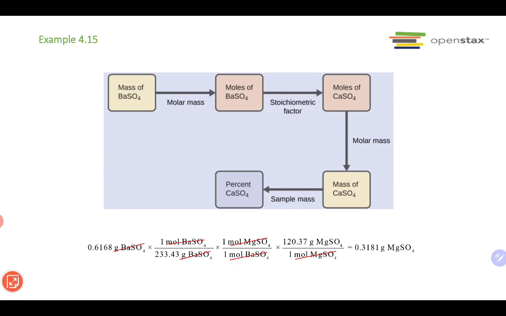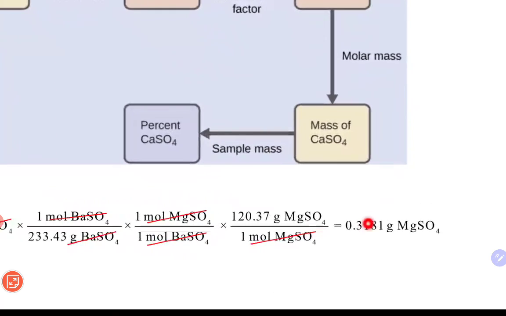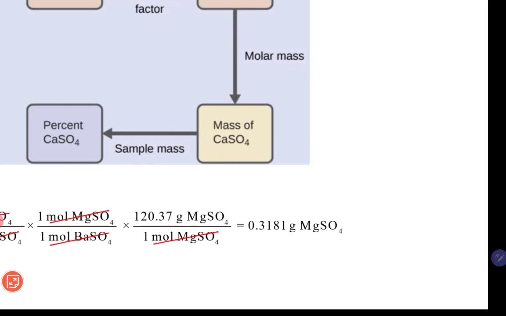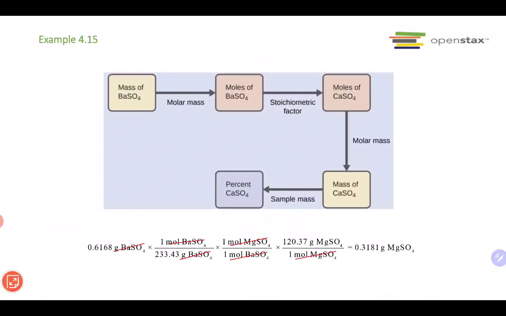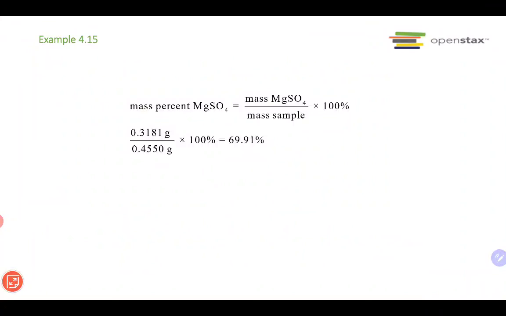Well, percent is just the mass of the part that we're interested in divided by the total mass times 100. So to calculate that percentage, we would just take the mass of the magnesium sulfate divided by the mass of the whole sample times 100. And we can say that the original mixture contains 69.91% magnesium sulfate.